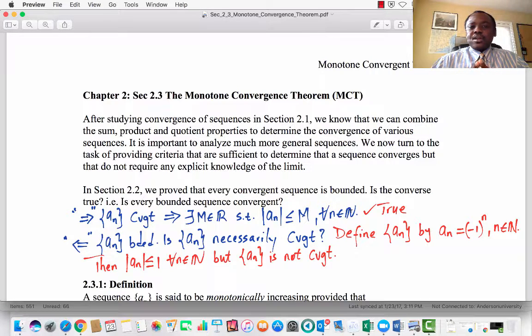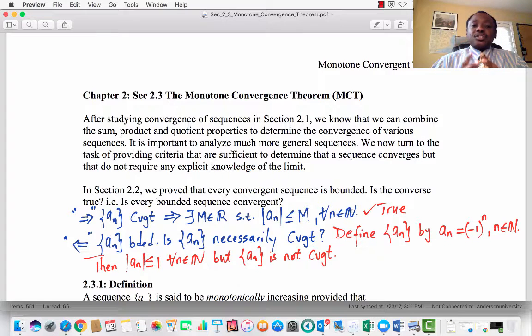Now, after studying the convergence of sequences in Section 2.1, we know that we can combine the sum, product, quotient, and constant multiple limit theorems to determine the convergence of various sequences. It is our goal to be able to determine the convergence of more general sequences.